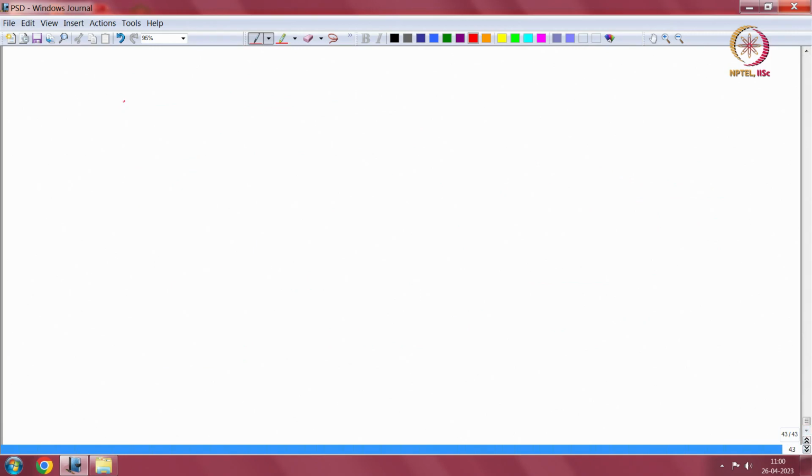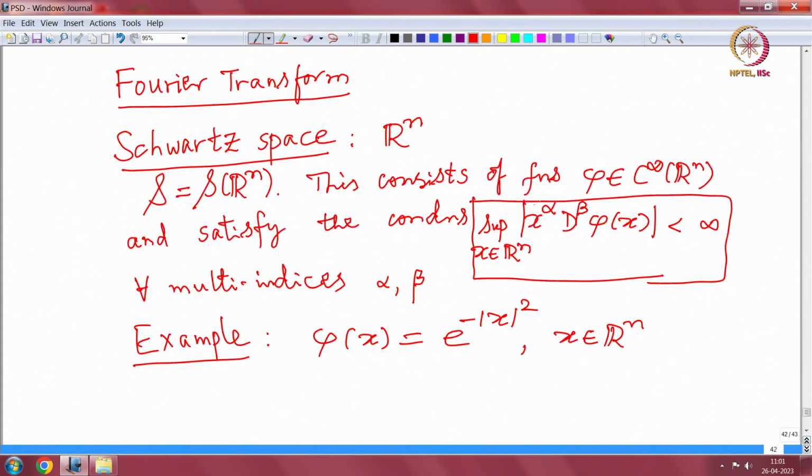So S, I said, consists only of C infinity functions, so they can be either real valued or complex valued. Okay, so we need not repeat that. So these functions can be real valued or complex valued.